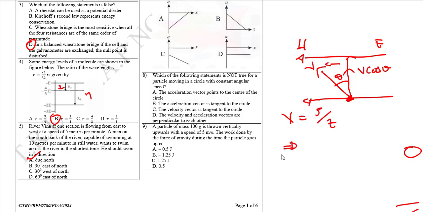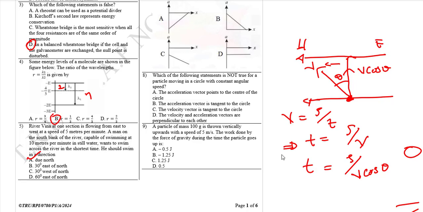It means that my t will be equal to S over velocity. Now S will be equal to, since it's going vertically, the component V cos theta. But remember, we are looking for the minimal distance.